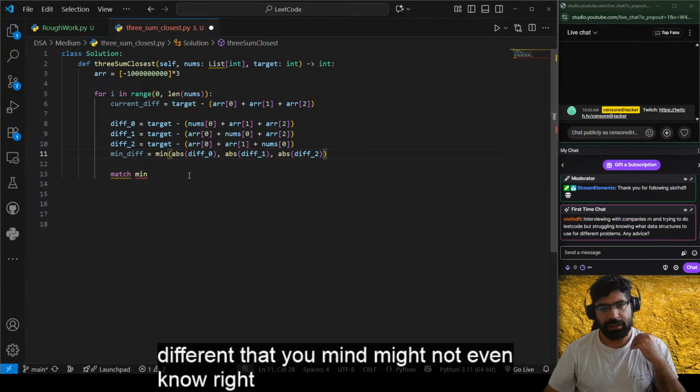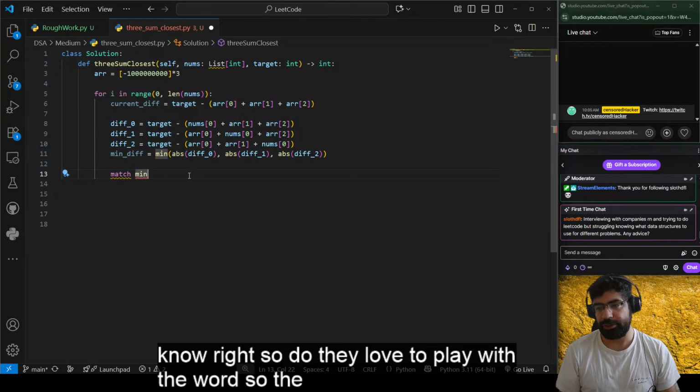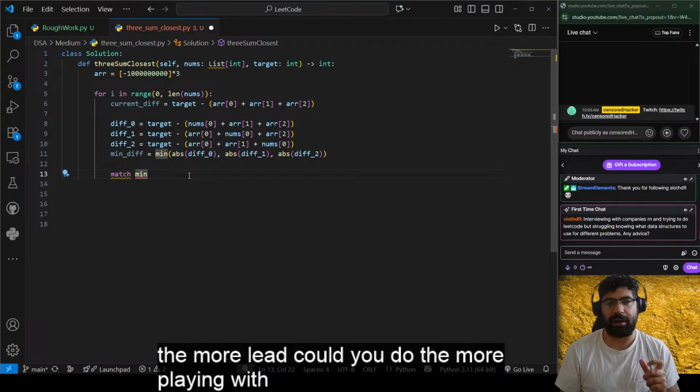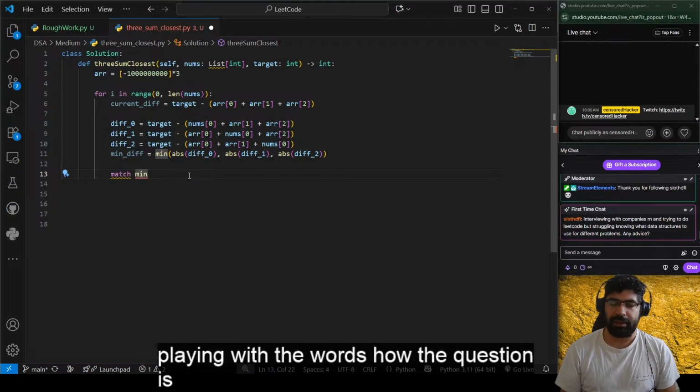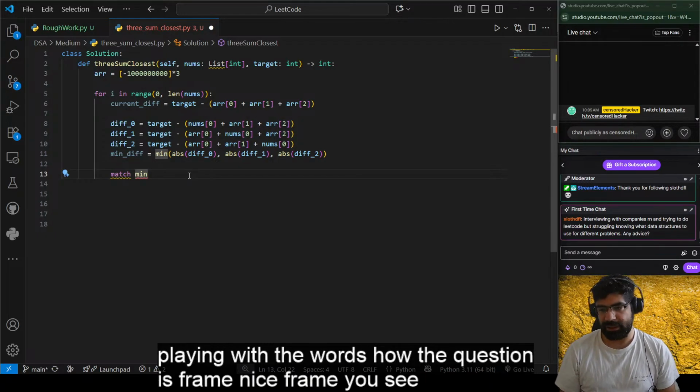They love to play with the words. So the more LeetCode you do, the more you see how the question is framed, and that is the only thing that will help.